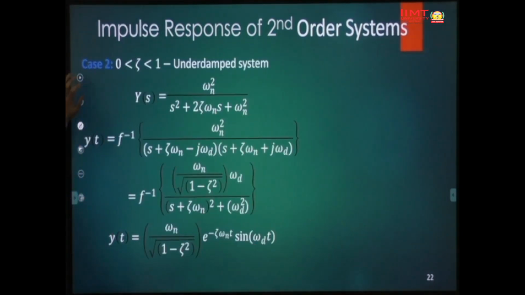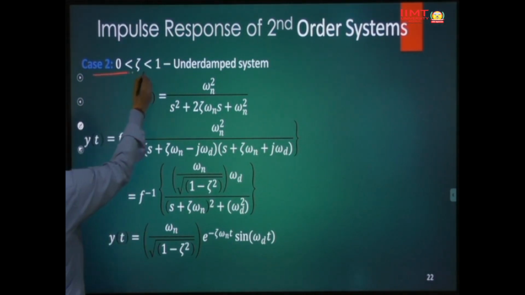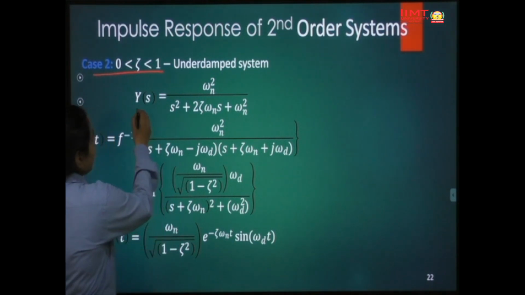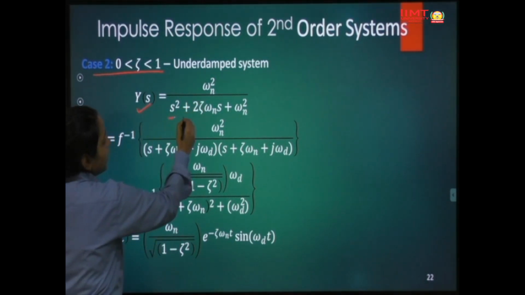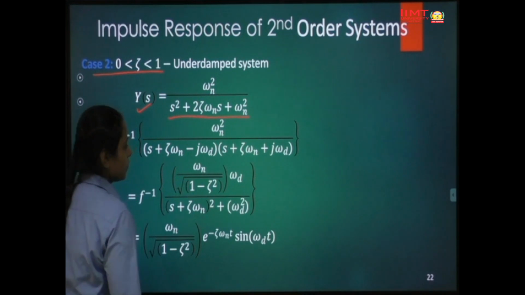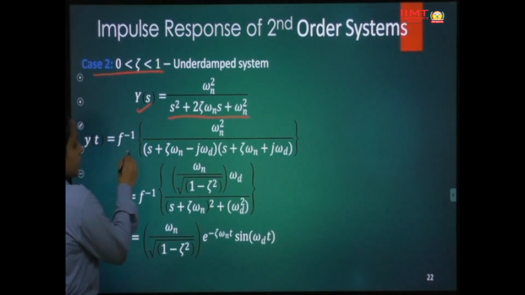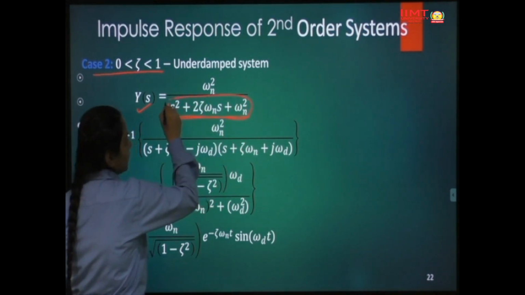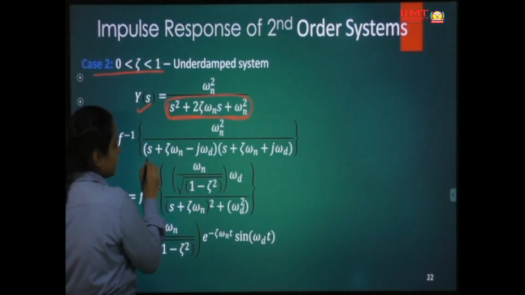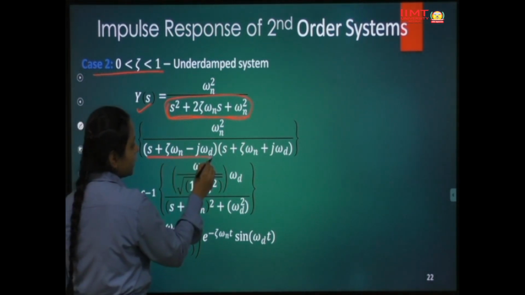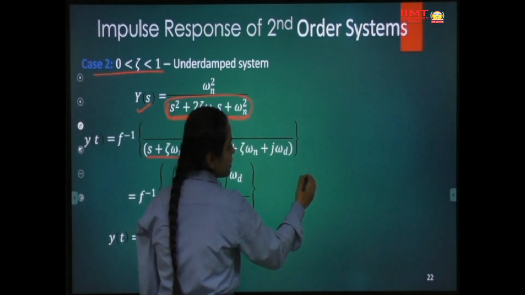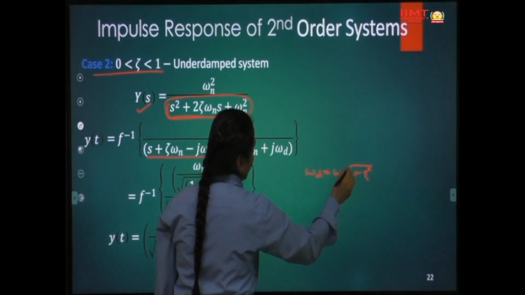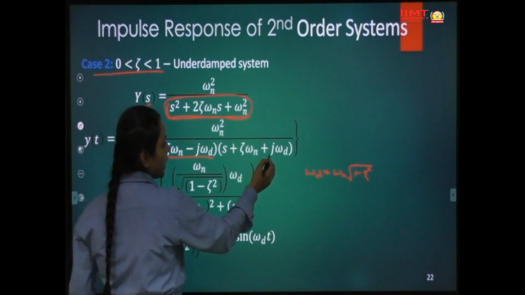So let's see case 2, when zeta is between 0 and 1, which is called the underdamped system. Y(s) is equal to omega n square upon s square plus 2 zeta omega n s plus omega n square. To take the inverse Laplace transform, we can factorize this into two roots: s plus zeta omega n minus j omega d, where omega d is equal to omega n under root 1 minus zeta square, as we already know, and similarly s plus zeta omega n plus j omega d.